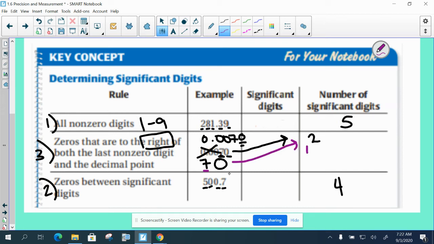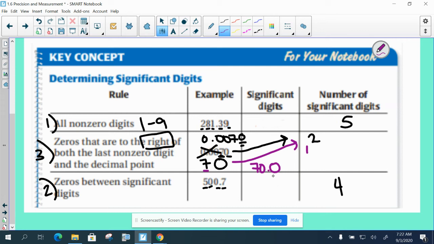Let's take a look at one other example for rule 3, 70.0. What this means is that when you took your measurement, you measured to the tenths place, and you determined that it was exactly 70 to the tenths place. So you were taking a precise measurement, and it was just exactly 70.